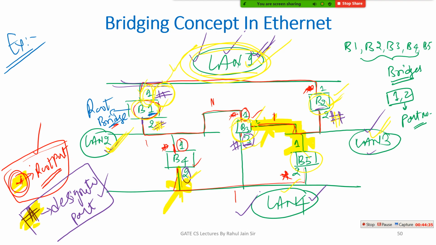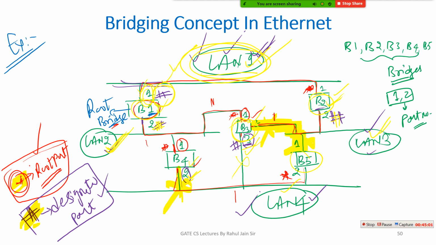Yes, Manjit, correct. So if I choose the second port of bridge 4 as the designated port for lane 4, then I will block this line, but as I chose the designated port for this one, I didn't block this. Is it clear, guys? The third step is clear now to everyone.